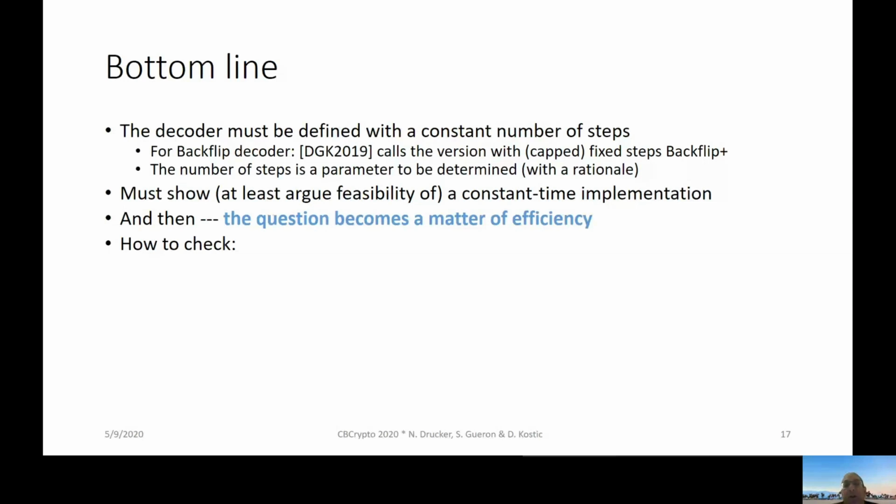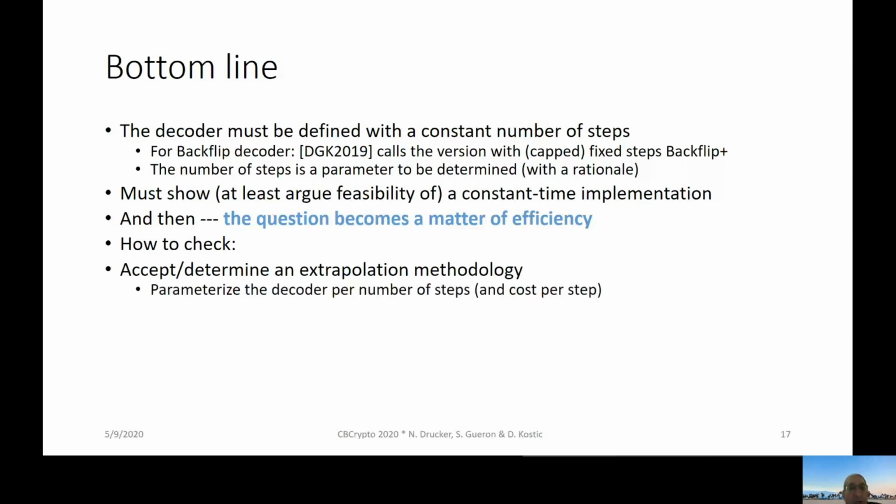And now there is a question of efficiency. So how do we check if something is efficient or not after we fix the number of steps? You accept or determine some extrapolation methodology, and you parameterize the decoder per this number of steps, and you also keep an account of the cost per step or per iteration. And then you ask yourself, what is the smallest block size where the estimated DFR hits the target? Our target is, for example, 2 to the minus 128.